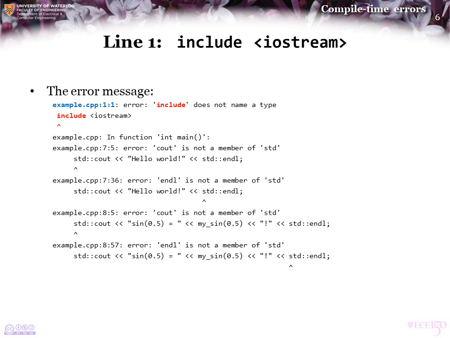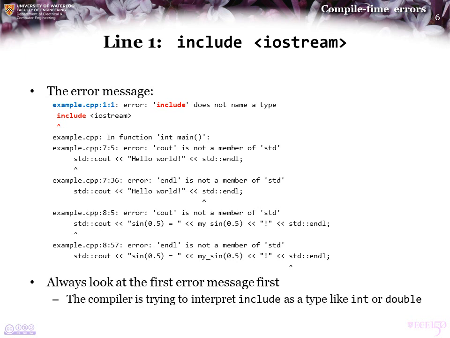Alright, so here we see not just one error message, we actually see a number of error messages. Always look at the first error message and only the first error message. Forget everything else. If we take a look at this, the compiler is saying, oh, wait a second, I've got an identifier here, but include does not name a type.